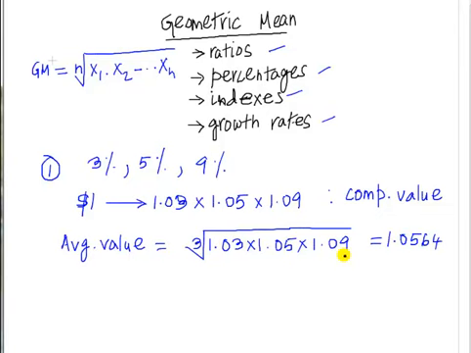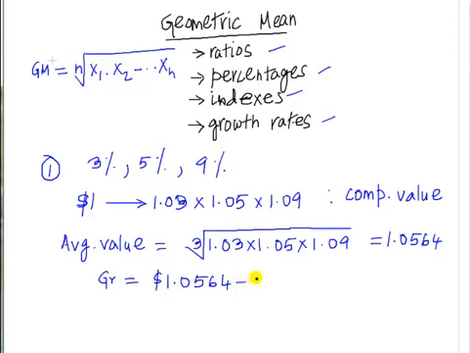The interpretation of this number is, on an average, our dollar was worth 1.0564 in each of these years. So if our dollar has grown to 1.0564, then it means the growth in our dollar is 1.0564 minus the $1. You can think of it as I had initially invested my $1. That's not growth.